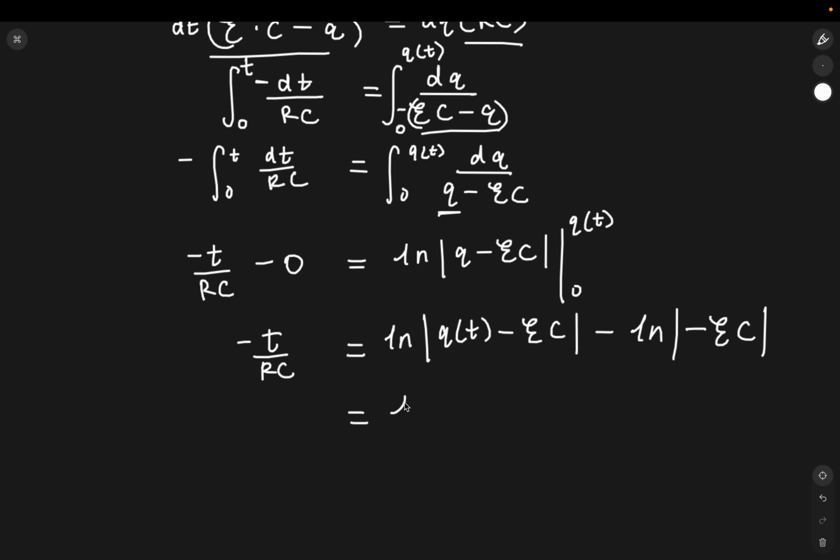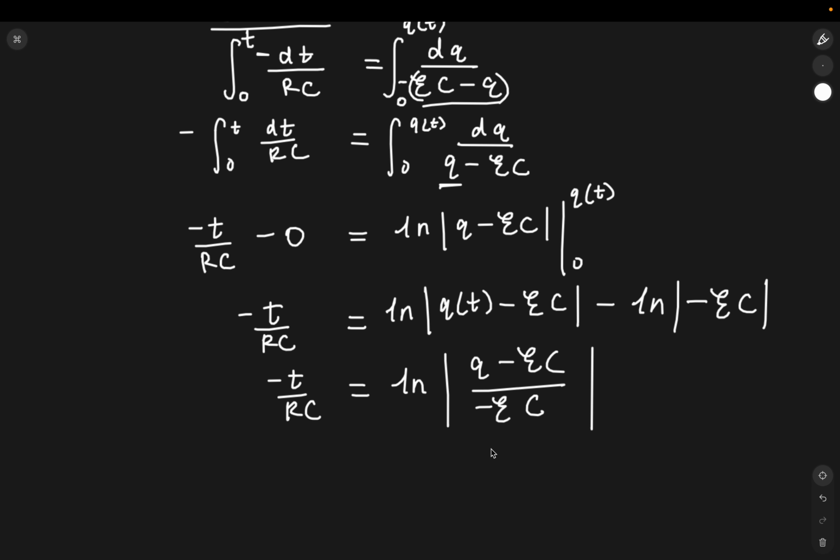Next, we are going to rewrite this again into a single equation. Now this is the stage where we can actually expand and solve for what's inside the parentheses here for q.